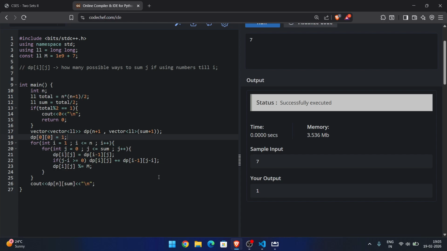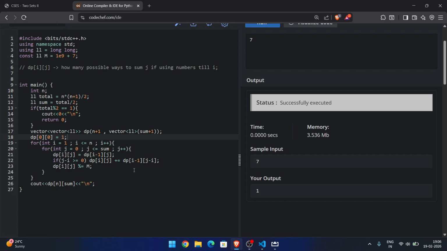So why does it show 1? Okay, so it's one way possible to get sum zero.